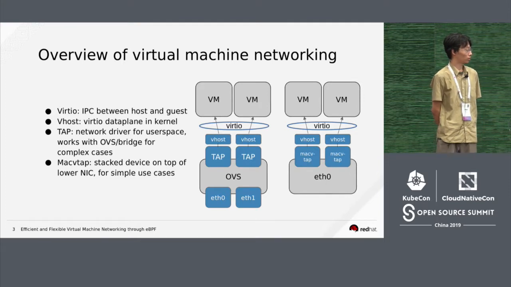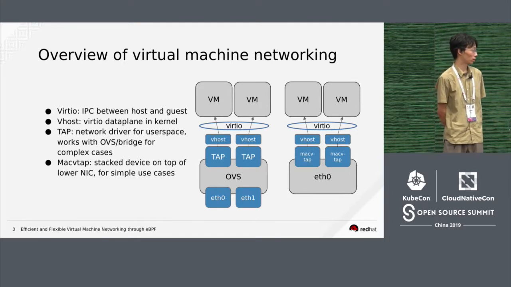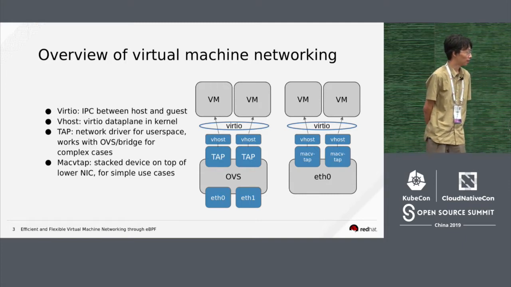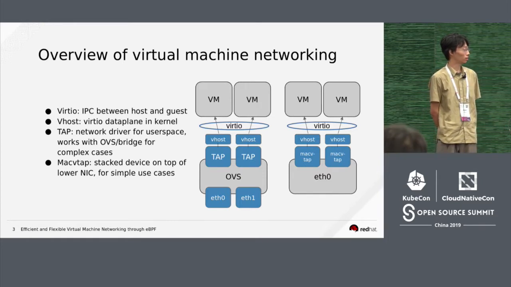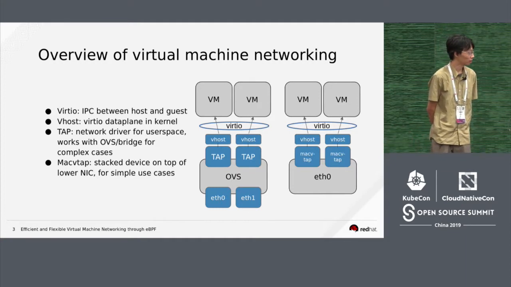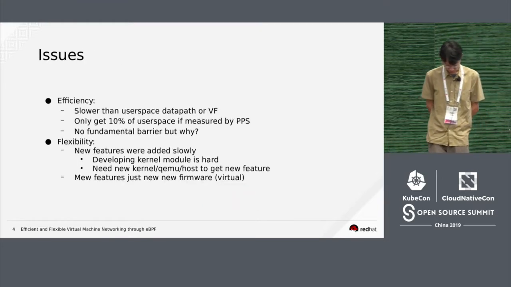We use tap combined with a bridge or OVS and connect it with the other physical interface. In a simpler scenario, we simply use macvtap, which is closely coupled with the underlying physical device.